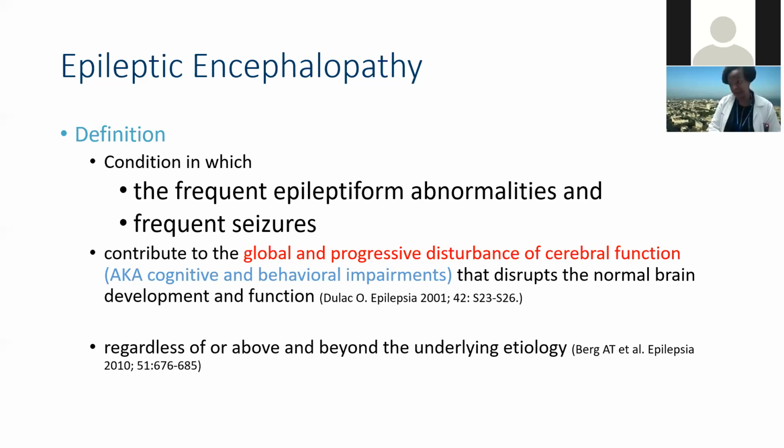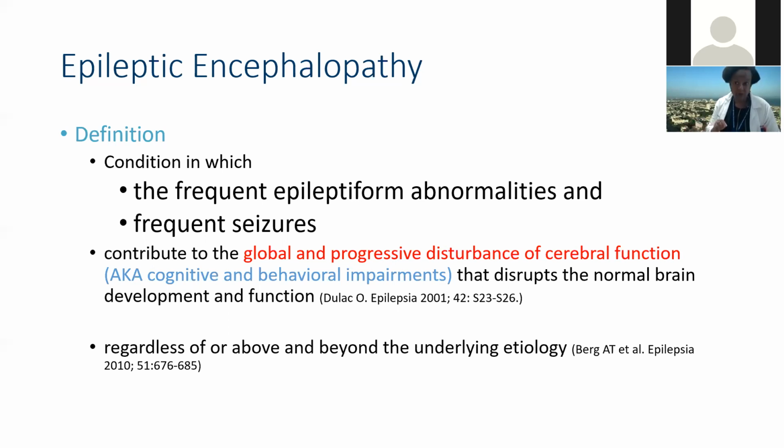And we thought that because they had the seizures and the EEG abnormalities, the development was subsequently affected because of the frequency of these abnormalities and seizures. And part of the definition was, it doesn't matter what the etiology is, okay?